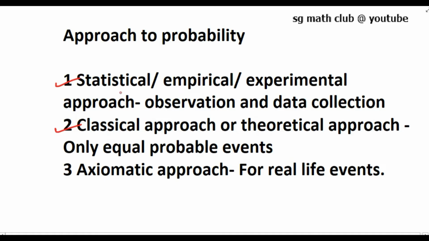In class 9, you studied experimental probabilities of events based on the result of an actual experiment. In the experimental approach, you do the actual experiment, observe it, collect the data, and then come to the conclusion.